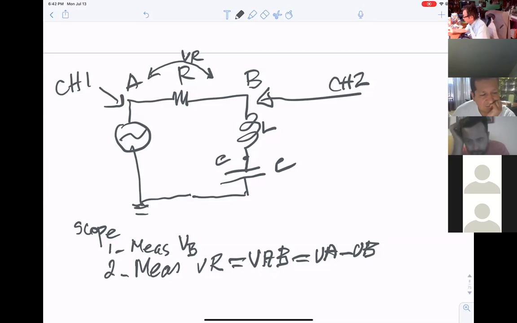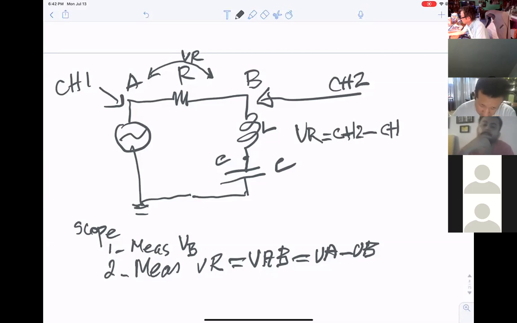Then you can say VR equals channel 2 minus channel 1. Correct? Whatever you get on channel 2 minus whatever you get on channel 1. That's VR.